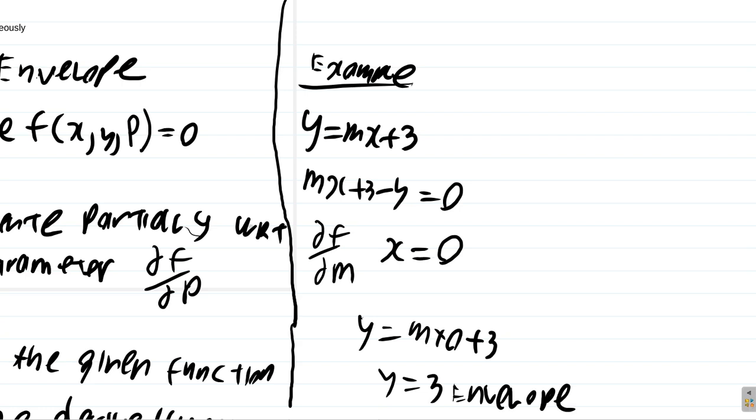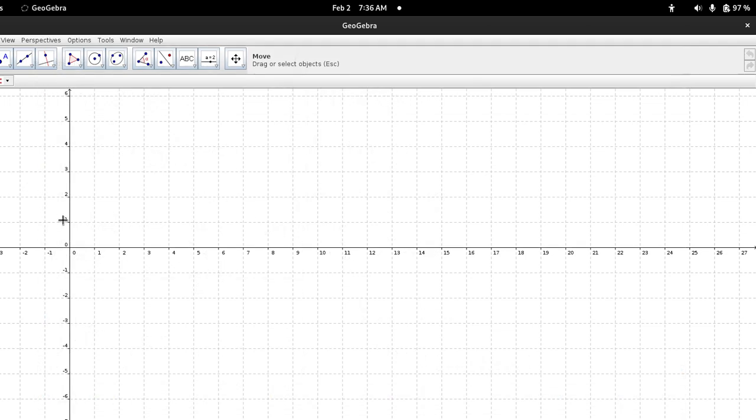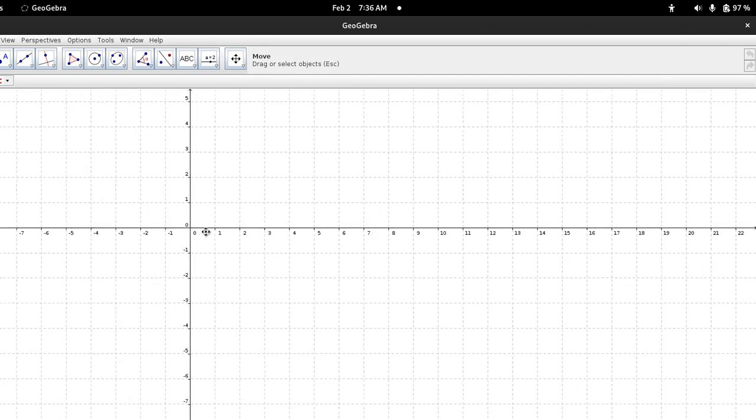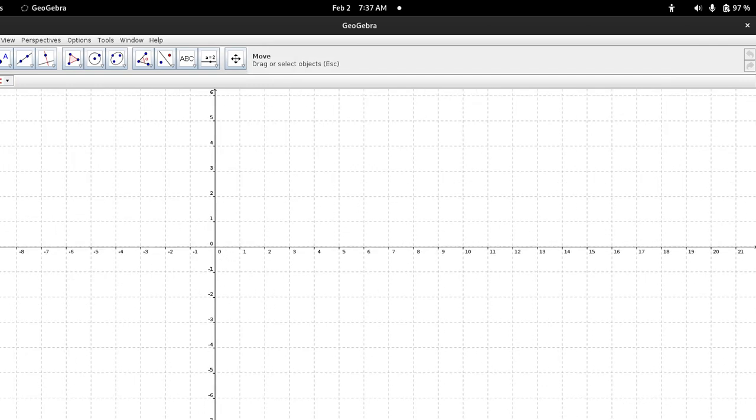Alright. Let's look at some of these functions. y equals mx plus 3. We're going to give m various values. y equals mx plus 3. So I have the GeoGebra graph plotter here. Now let me put in y equals x plus 3.